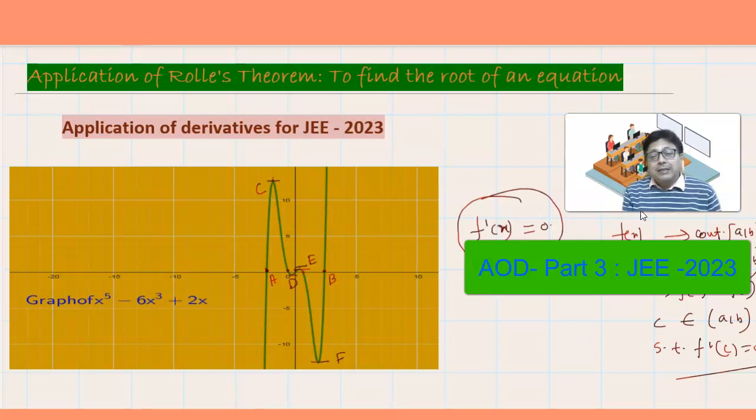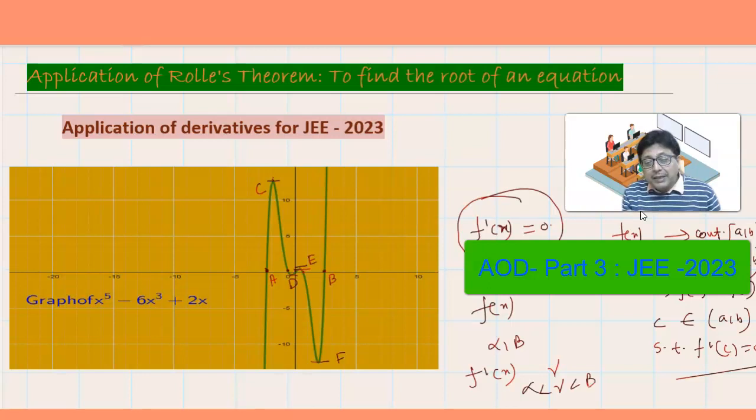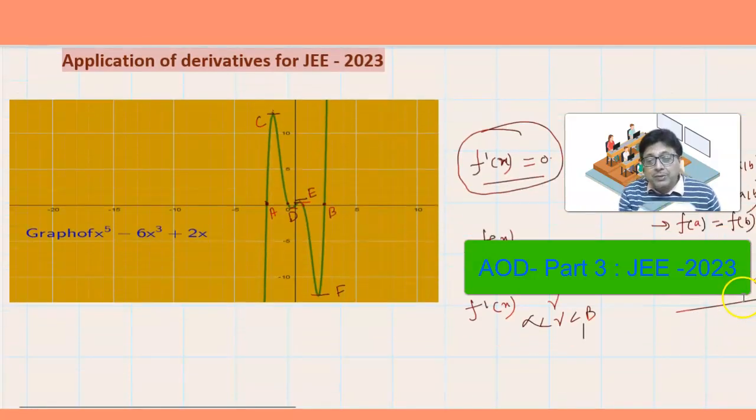Or we can say that if a polynomial fx has 2 roots alpha and beta, then f dash x has a real root gamma lying between alpha and beta, so the derivative at gamma must be equal to 0. I mean f dash gamma is equal to 0.